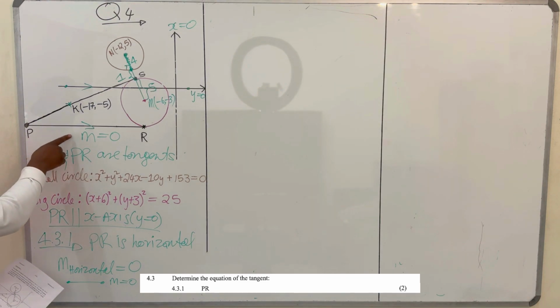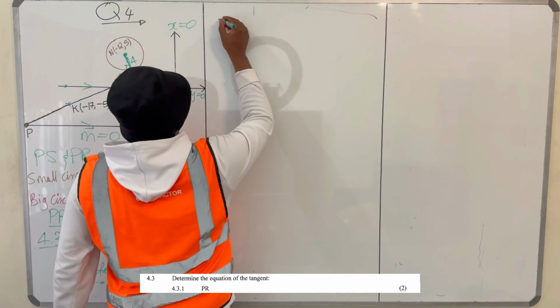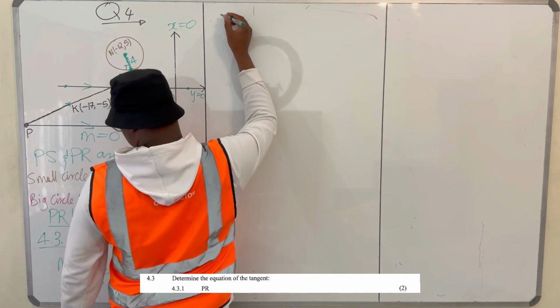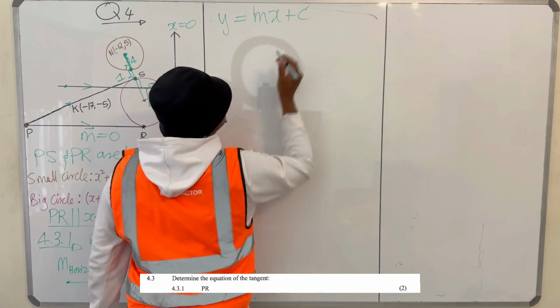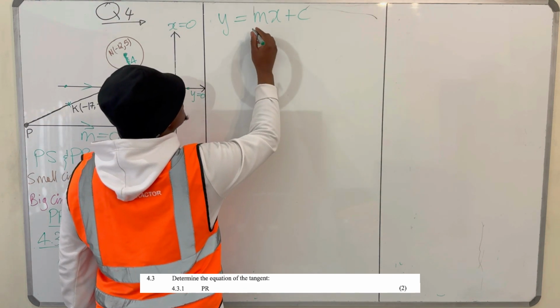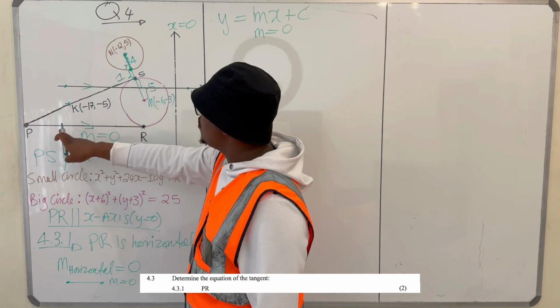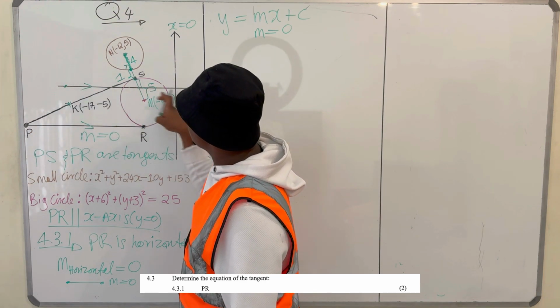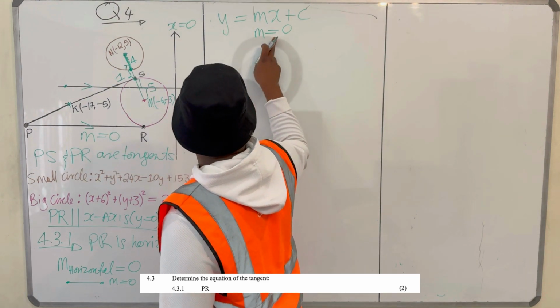So you want the equation of this line PR here. You know that the equation of a line is in the form y is equal to mx plus c, right? But you know that your m is equal to 0 because your tangent is parallel to the x-axis. So it is horizontal, so it has a gradient of 0.